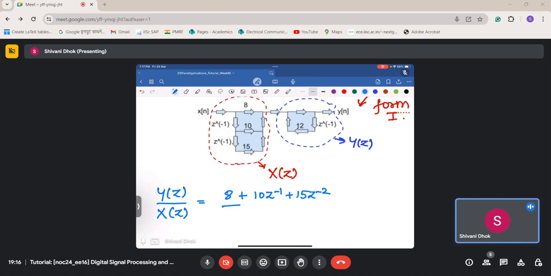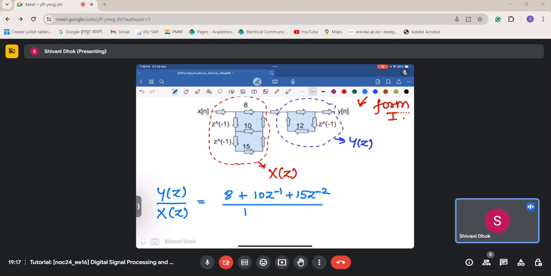In similar fashion, here we have a 1. Y(n) is not having any sort of multiplication, it is a single thing, and its direction is this side only.